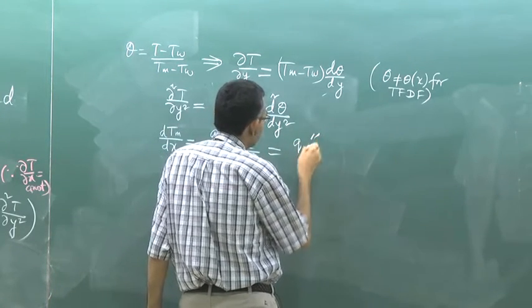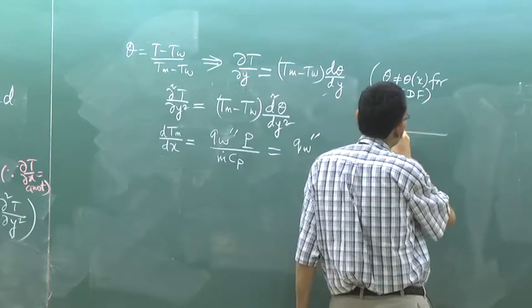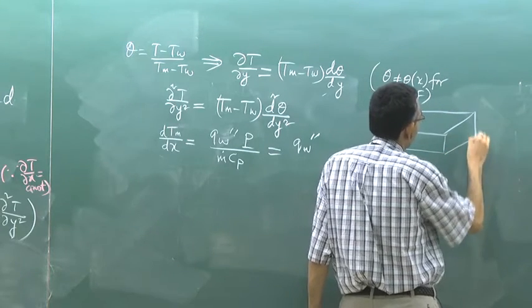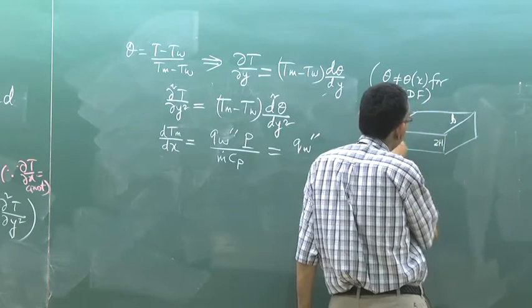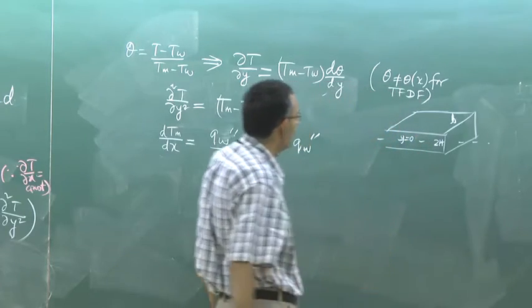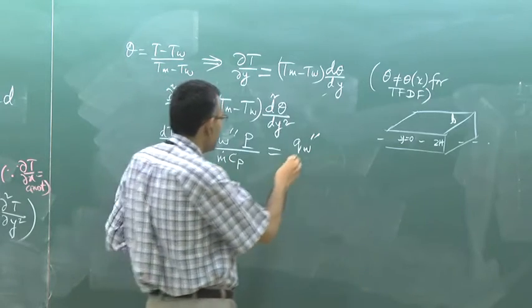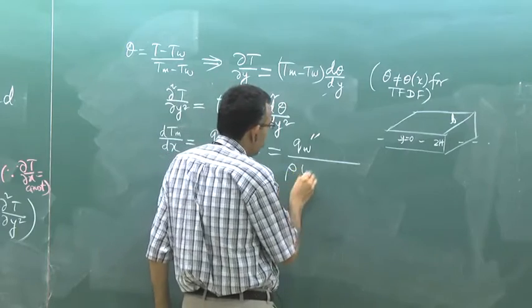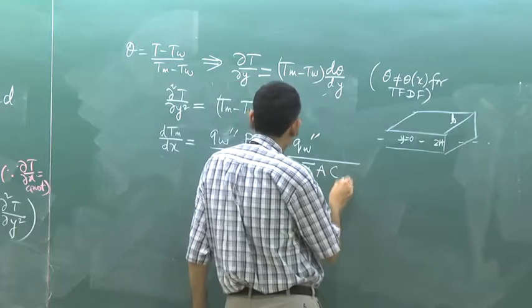So Q double dash, in place of P what is it? Let us draw a parallel plate channel. Let us say that the width is B and height is 2h with the center line at y equal to 0. So what is the perimeter? Before that let us write another step. What is m dot? m dot is rho u average into A into Cp by perimeter.